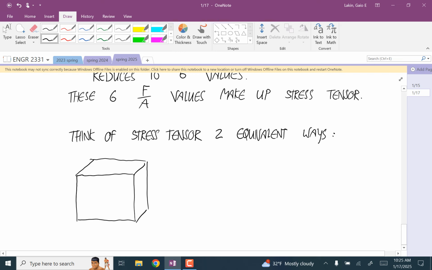Okay, the positive X face, the positive Y face, and the positive Z face, because we know the opposites are equal and opposite. And the way I'm going to label them is if we're on the X face, the first subscript of a value is going to be X. And then the second subscript of a value is going to be the direction the component is.